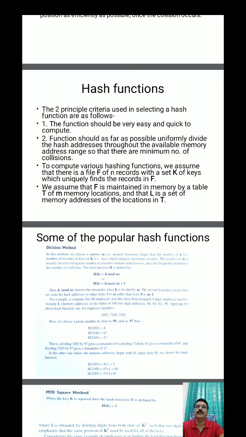To compute various hash functions, we assume that there is a file f of n records with a set k of keys which uniquely finds the record in file f. We assume that f is maintained in memory by a table T of m memory locations, and that L is a set of memory addresses of the locations in table T.